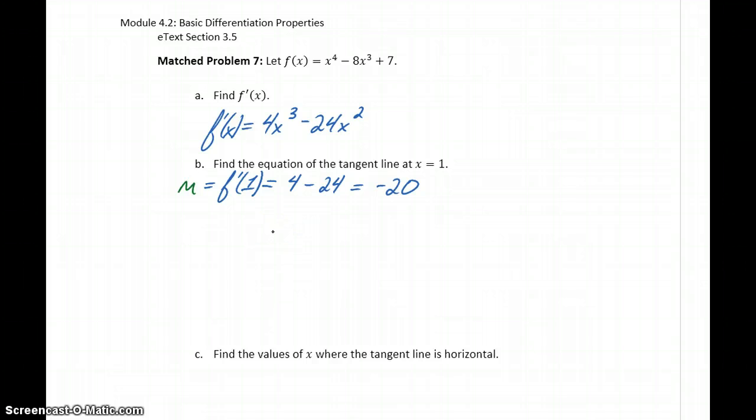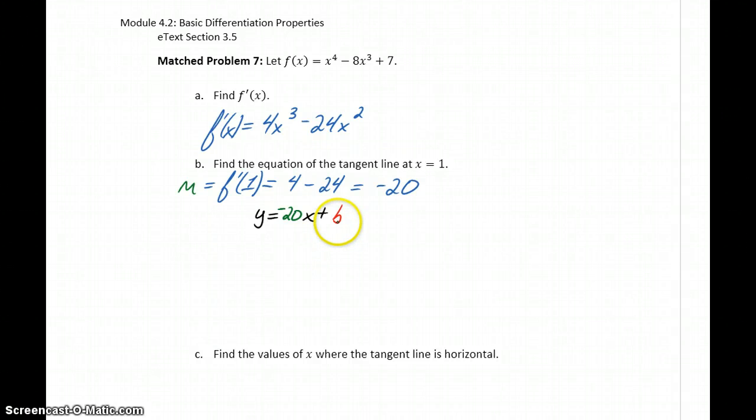So once we have the slope, we can start establishing that general slope-intercept form. So y equals mx plus b. And now instead of m, we've already found that our slope is negative 20.